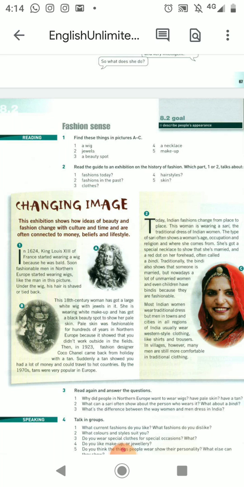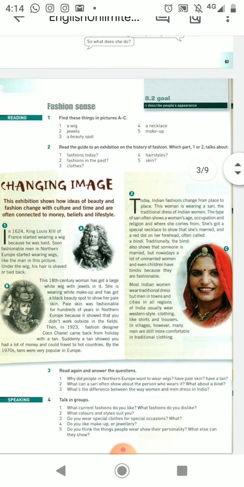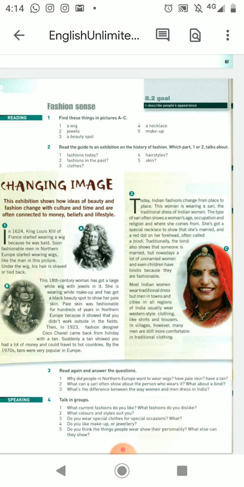You can see jewels in letter C. Oh, they are on her hair. And a necklace, number 4, is in letter C as well, because a necklace is a jewel. Jewel is the general word for rings, earrings, necklaces, all those things that are for decoration. Do you like them? Do you wear them?